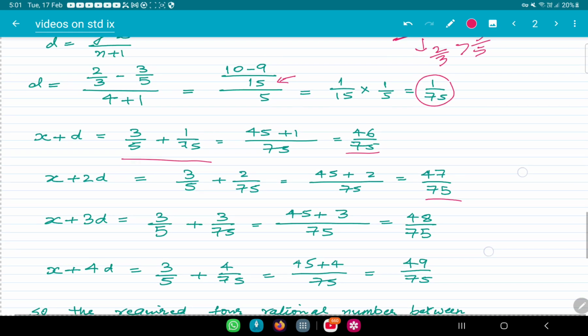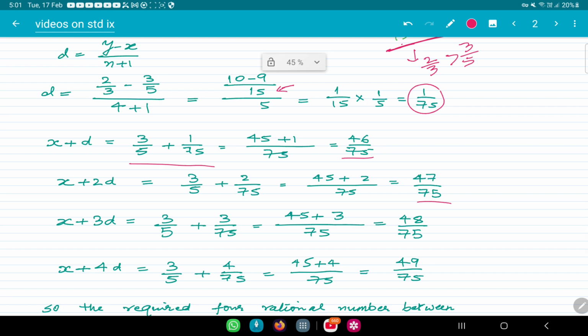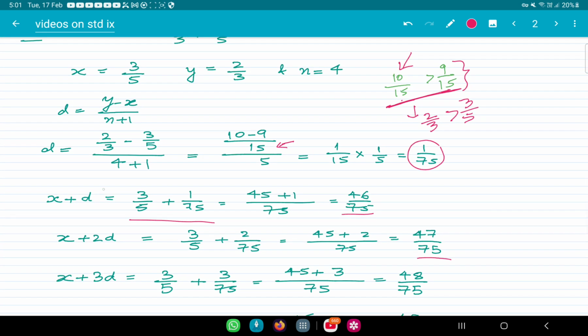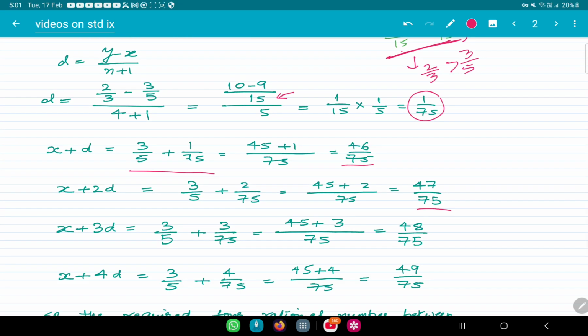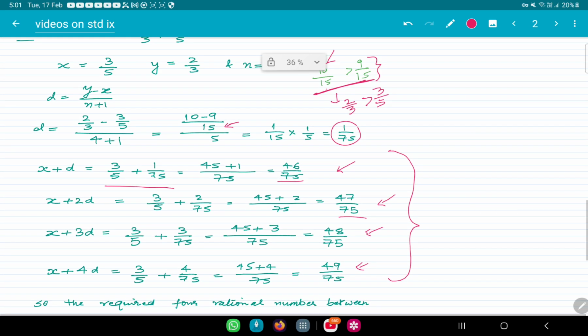So now see what we did: first we found d, and with the help of d we found x plus d, x plus 2d, x plus 3d and x plus 4d. What are those? These are the different rational numbers which lie between our extremities. What are our extremities?